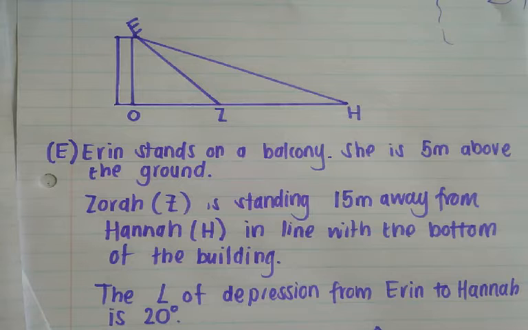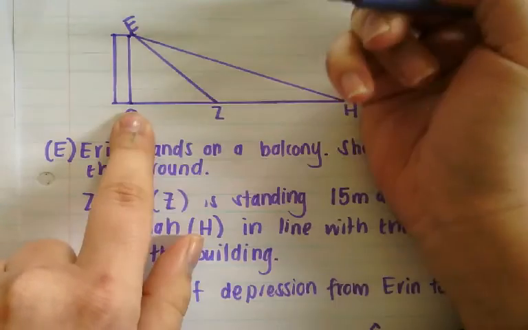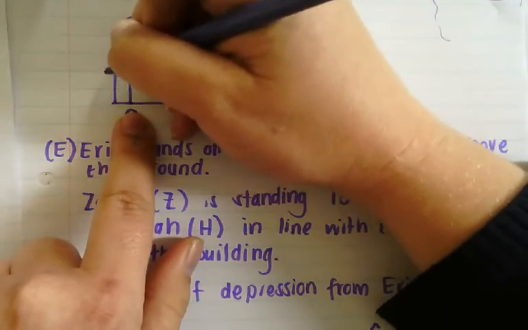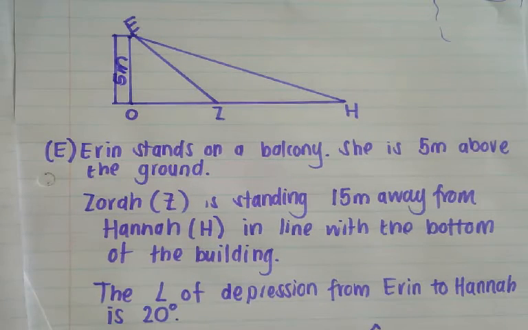Okay? So using the letters, where would I put the 5? The 5 meters. Not by Hannah, by OE, because this is the top of my balcony, that's the bottom of my building, so this would be 5 meters. Then my angle of depression from Erin to Hannah is 20 degrees.